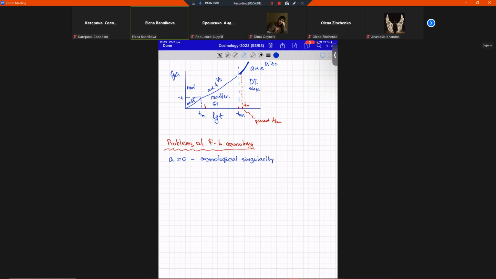So it means singularity. But there is a problem. We used the Einstein equation, which is the equation of gravity, and we understand that we can't use this equation up to a very small scale, incredibly small scale, which corresponds to the Planck scale.